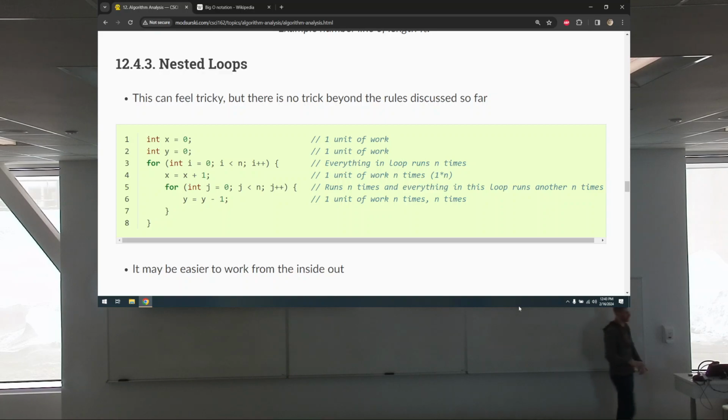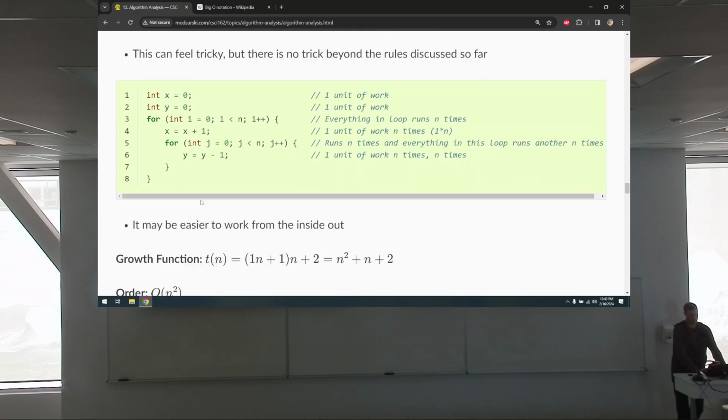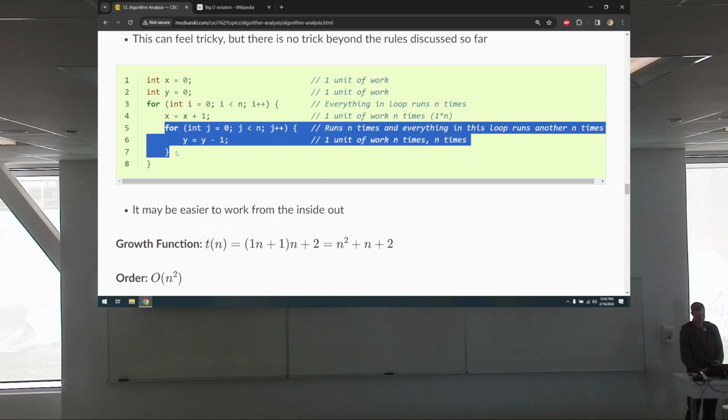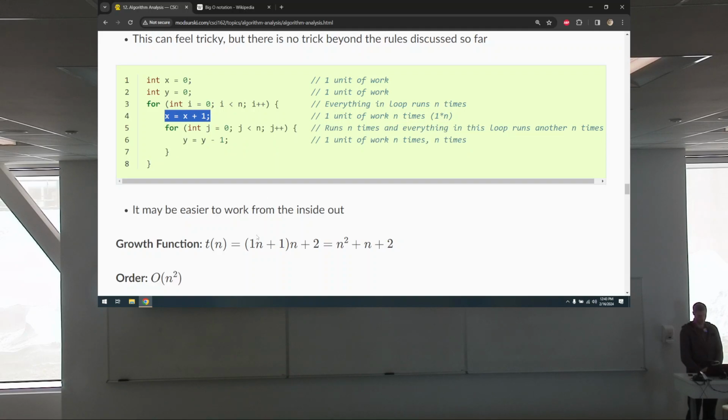Let's just add all these things up. Here we have 1n squared. We could do this whole calculation. This part right here is the 1n, plus the one more unit of work, that's this whole bit right here.